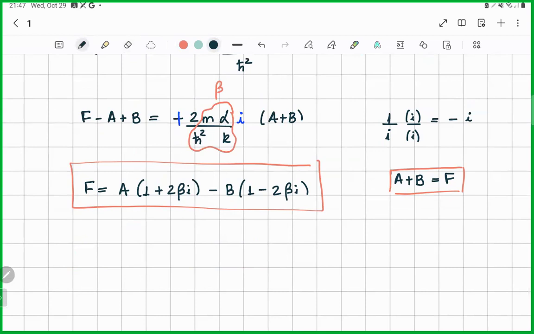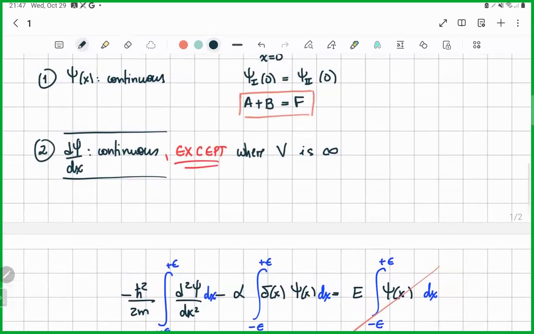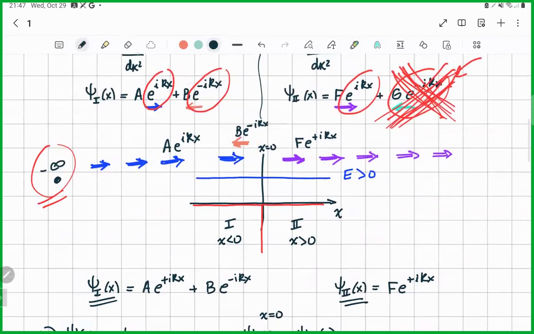Let's come back to our drawing here. This part with the plus ikx is what is moving to the right. It is the part that was the beginning of the story, when we threw our particle to the right. That's how everything started.